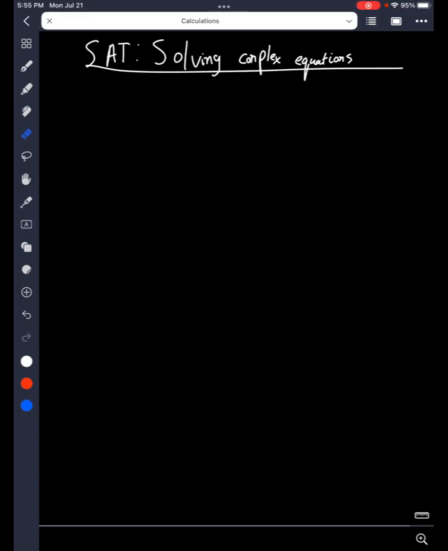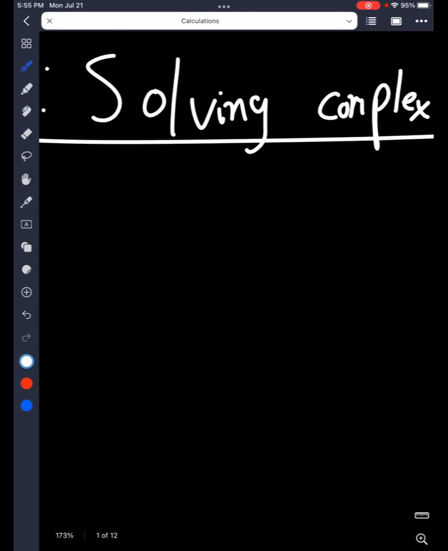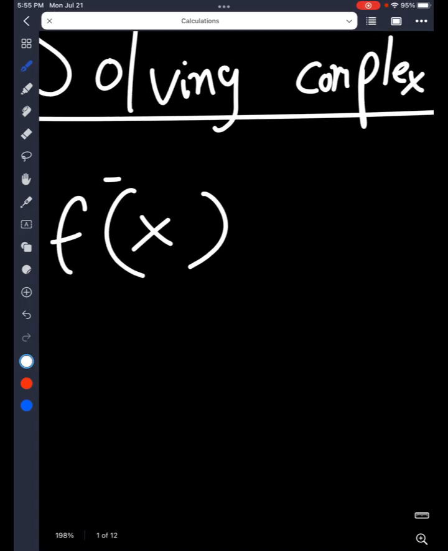Okay, so what else can you have? Let's say you have something like an inverse function. You could have the first simple type, something like 3x plus 4.